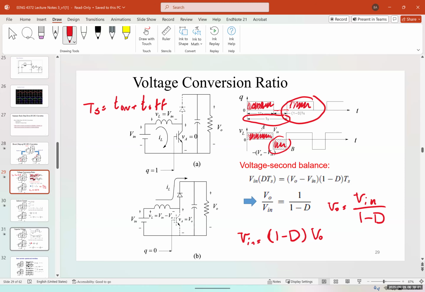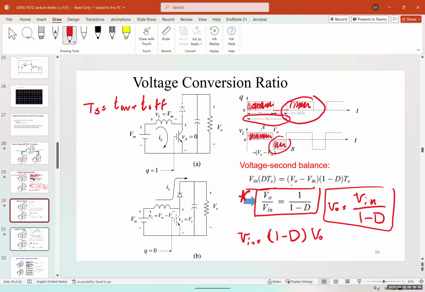So the voltage output is going to be Vin D Ts, which is (V out minus Vin) times (1 minus D) Ts. When we simplify this, we get to this equation, or the equations that I already mentioned. The only equation that is very important to keep in mind is this one. So this was the output voltage to the input voltage ratio.